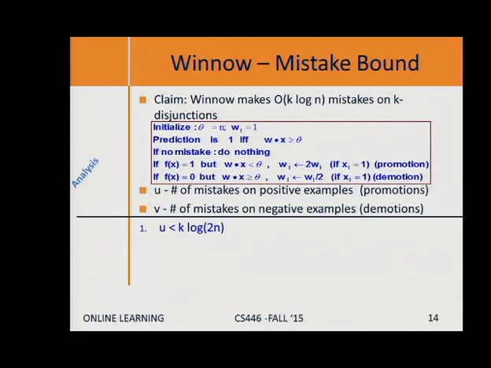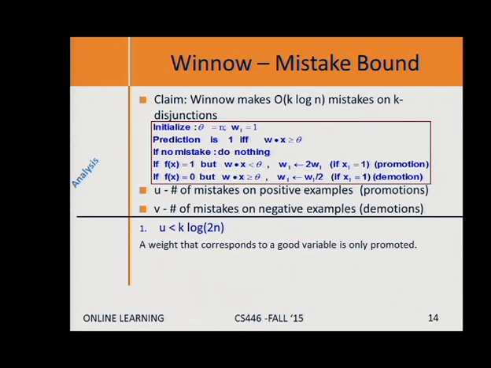So it goes up. What about going down? So this weight can go up log n times and stop. Can it go down? Why can't it go down? Because it's a disjunction. This variable, if it's on, it's a positive example. I will never demote it. So really, this is the argument.